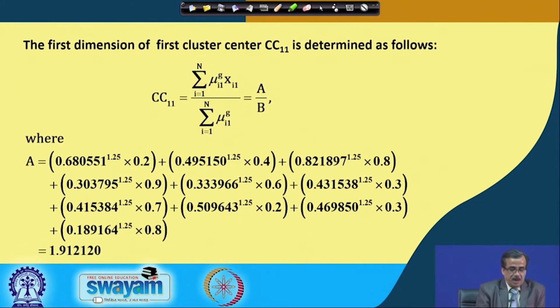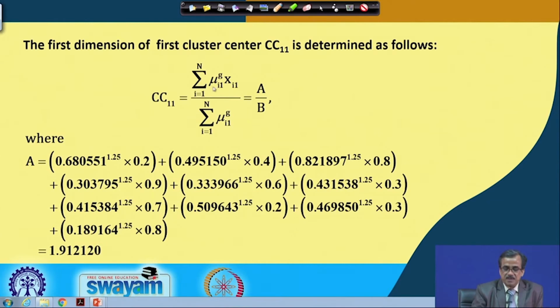Now, a is nothing but this particular expression, and I am just going to put first i equals 1. So, it is mu 11 raised to the power g multiplied by x11. Now, x11 means what? The first data point, first dimension, so that is 0.2, and this is the membership value raised to the power 1.25.